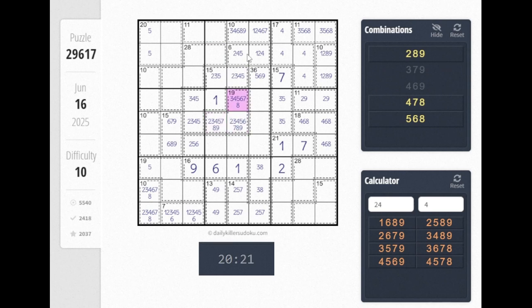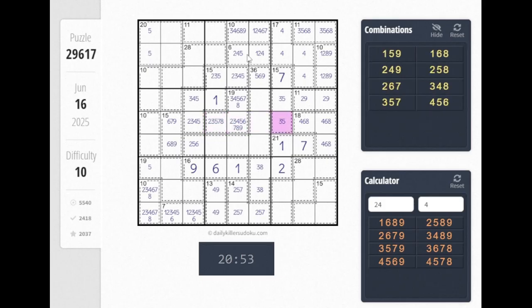Let's see, 2, 8, 9, 4, 7, 8, 5, 6, 8. I wonder if there's any other good spots.